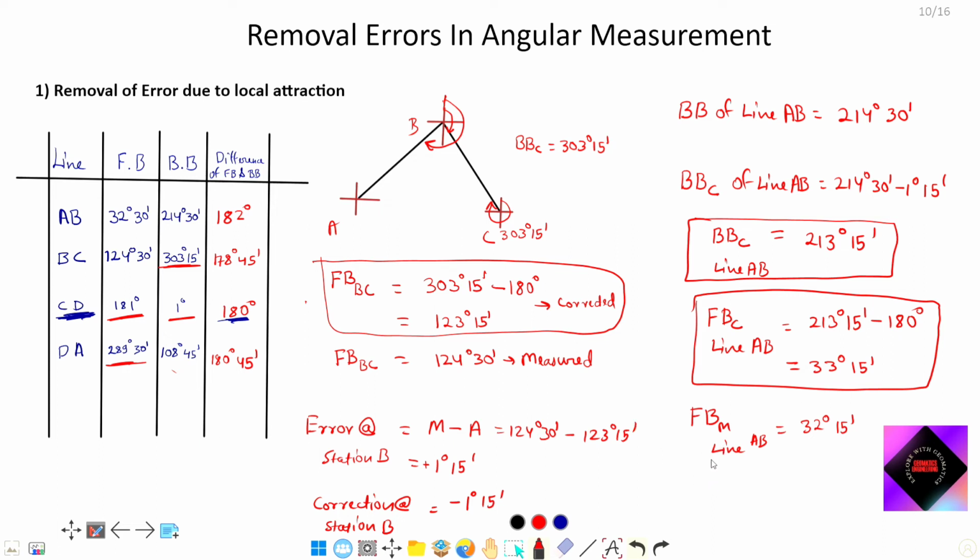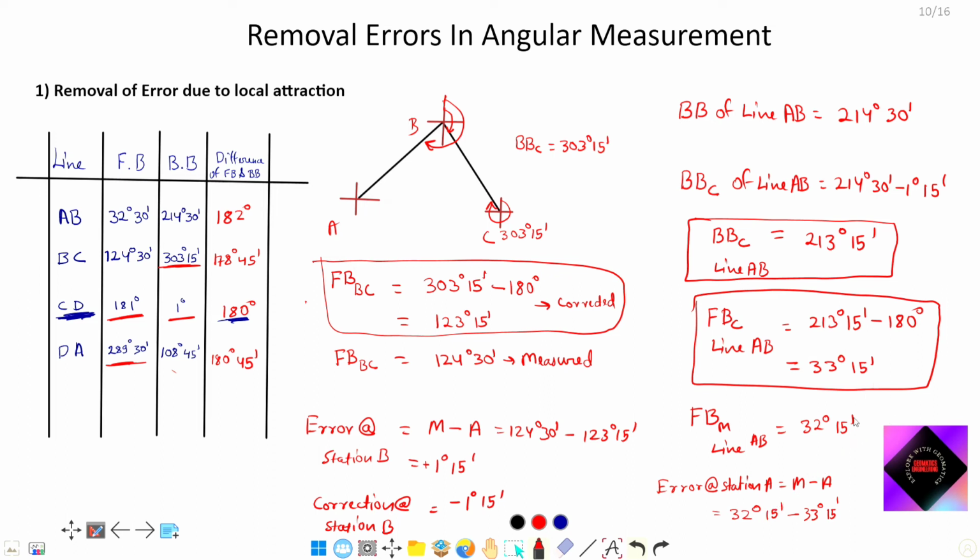What will be the error at station A? Again, measured minus actual. Measured is 32 degree 15 minutes, minus the calculated value, 33 degree 15 minutes. Wait a minute.